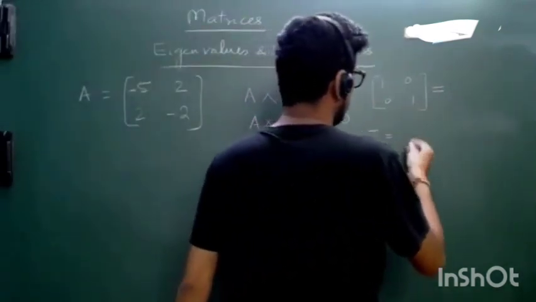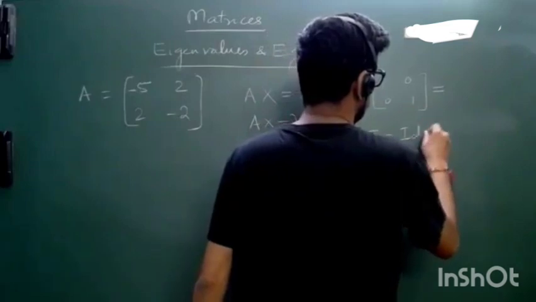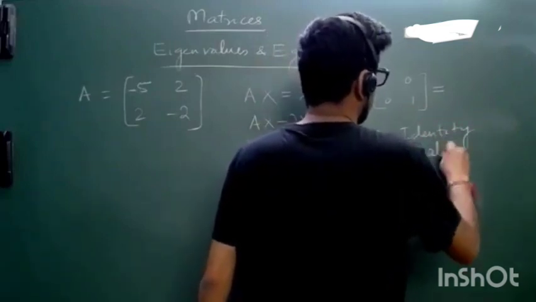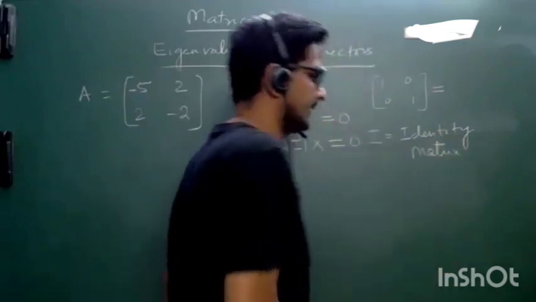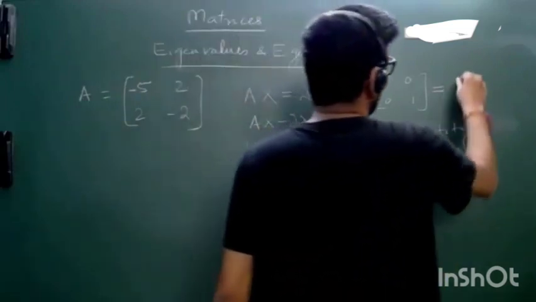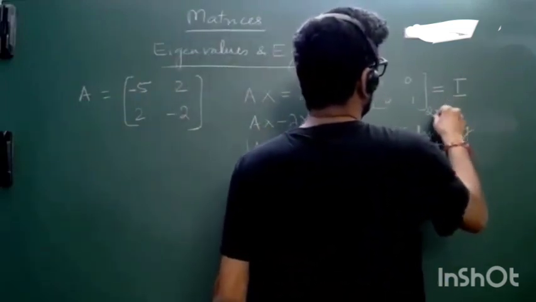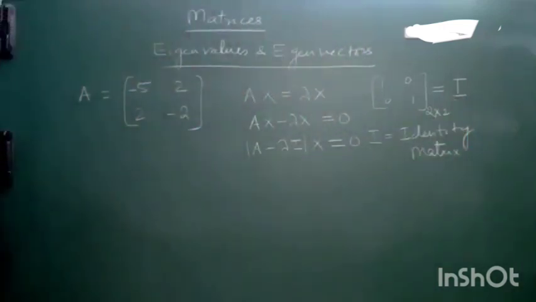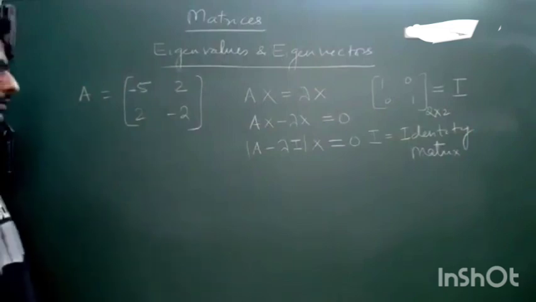I for identity. I will use this I, and this matrix is 2 cross 2. So this is a square matrix having diagonal terms as 1 and off diagonal terms as 0.